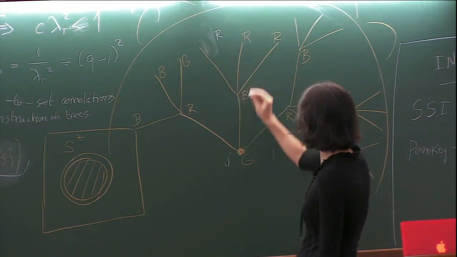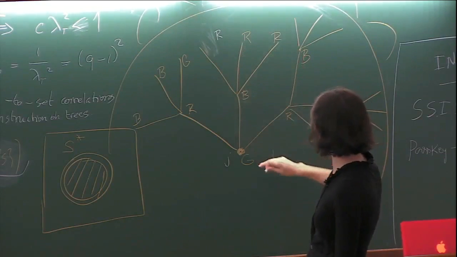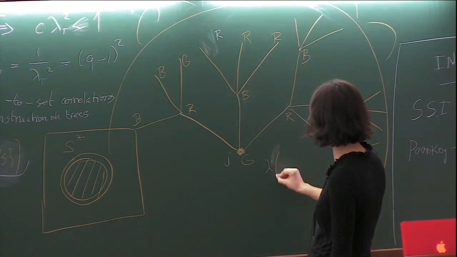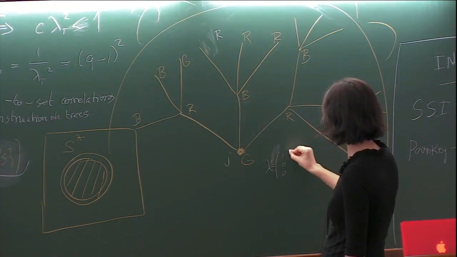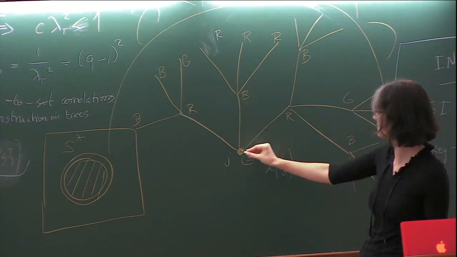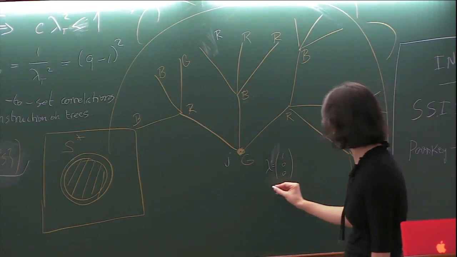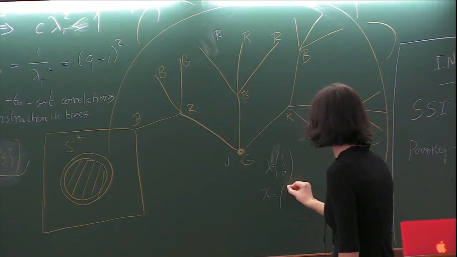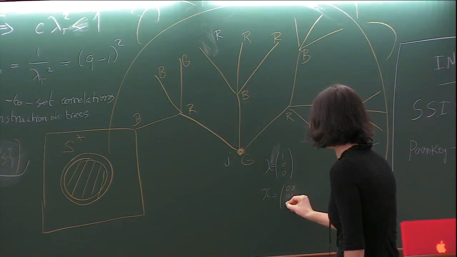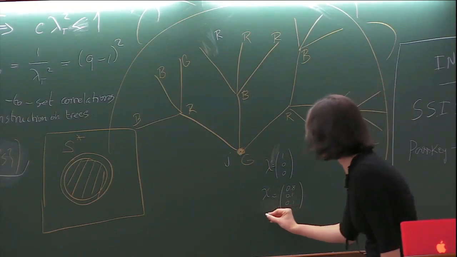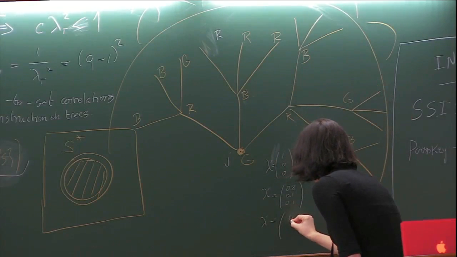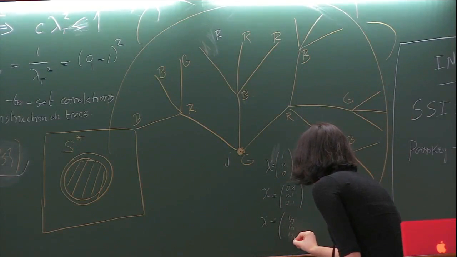If I run the belief propagation from the boundary, then this message psi looks like 1, 0, 0. That means that the root has to be the first color. Say that that's the green, right? Or it could be, for instance, 0.8, 0.1, 0.1. Or it could be 1/3, 1/3, 1/3.